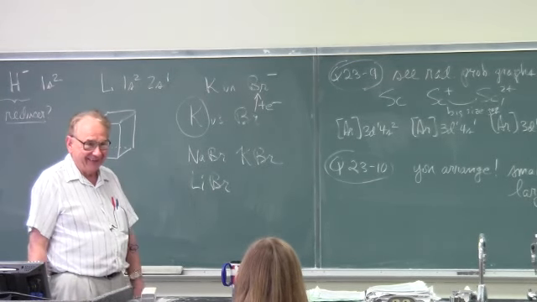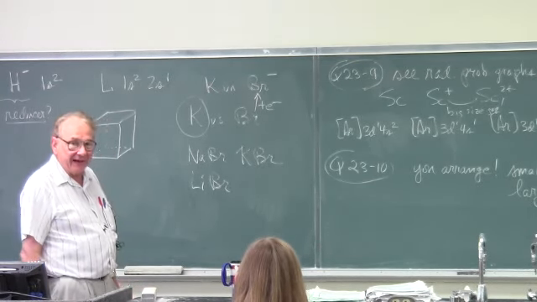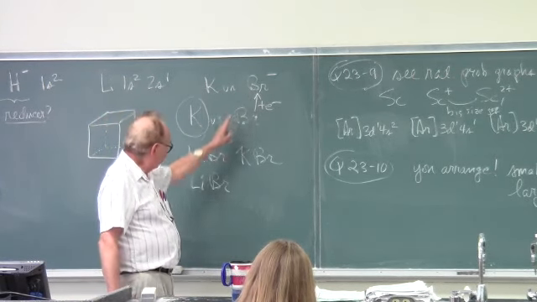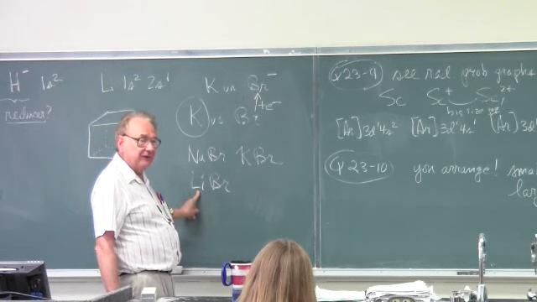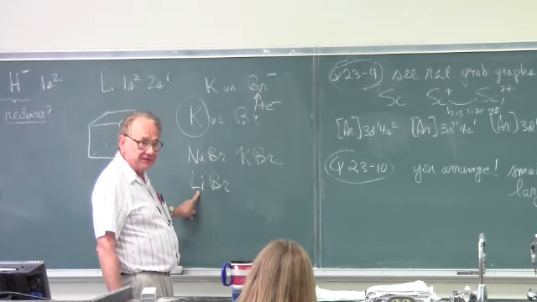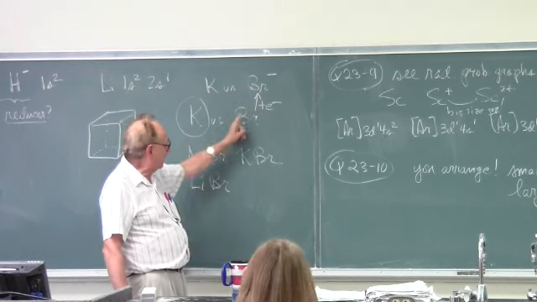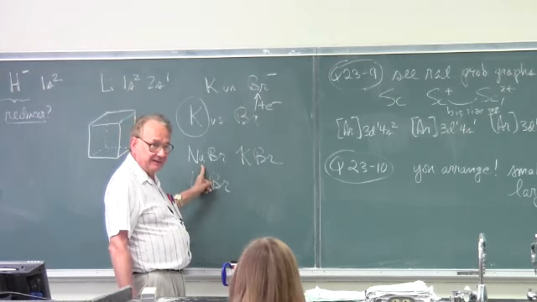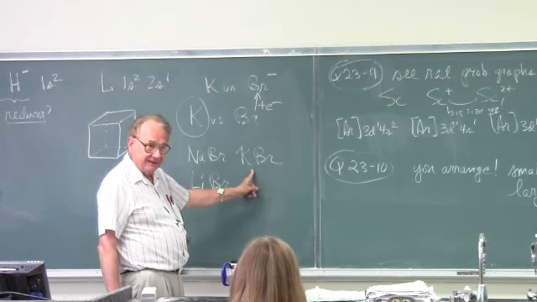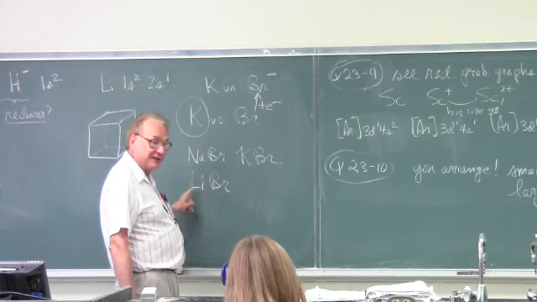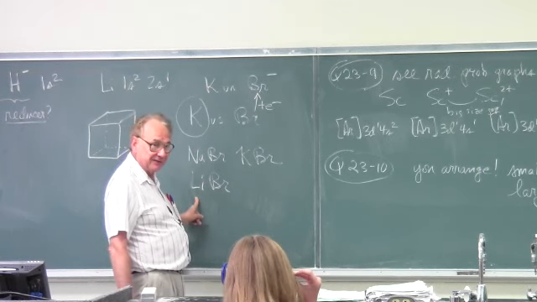Do you bet that if I observe the size of the bromide ion in this lattice, I'm going to come up with a shorter value, a shorter radius than I will if I observe the size of the bromide ion in this lattice? Or this lattice? Because K plus is bigger than Na plus, and Na plus is bigger than Li plus.